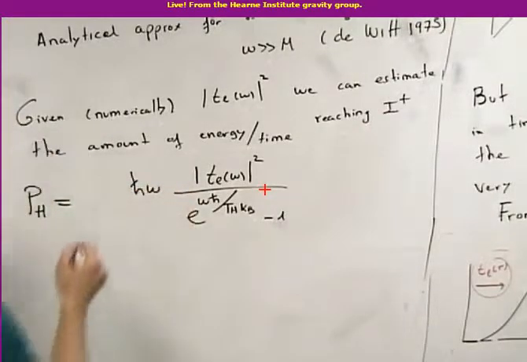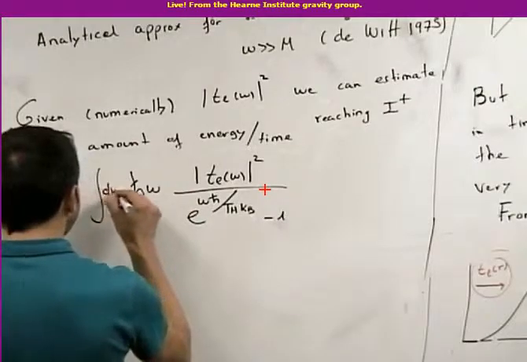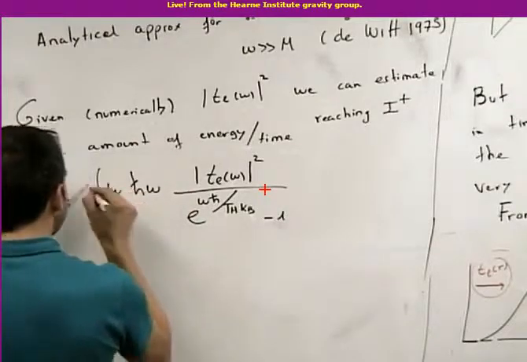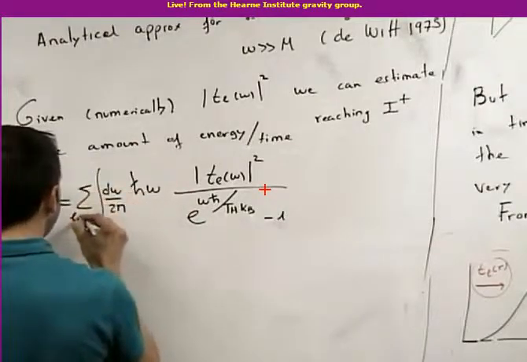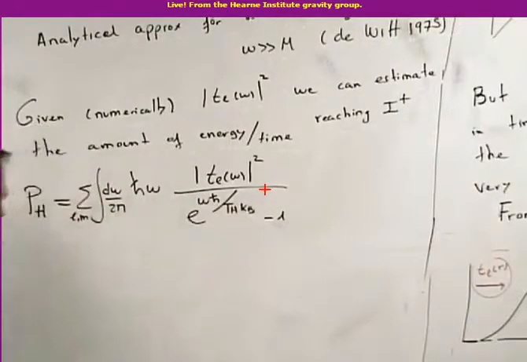What we have to do is to integrate over all omega and over all L and N, because we have one of these quanta for each value of L and for each value of N. So that would give us a good estimate of the energy reaching Scri due to Hawking quanta.